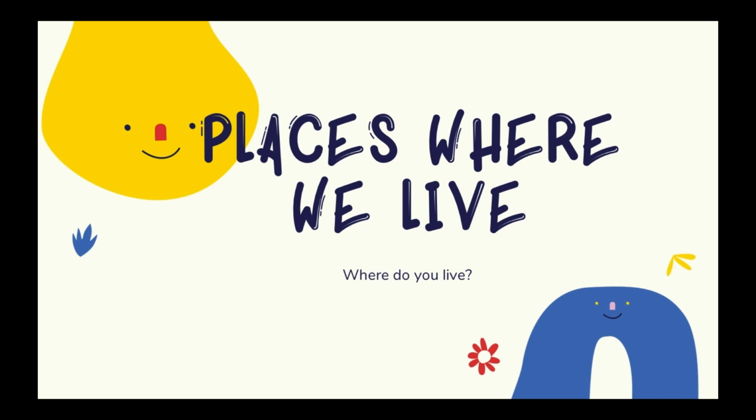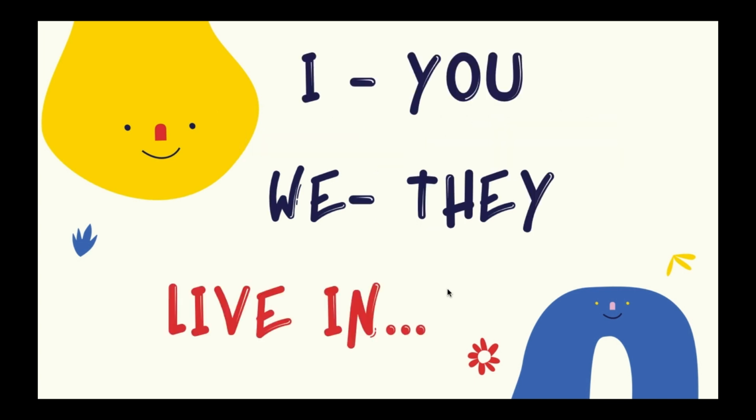Take a look at this one. We're talking about places where we live. And don't forget the question. The question says, where do you live? Okay, so you can simply say, I, you, we, they live in a house, right?